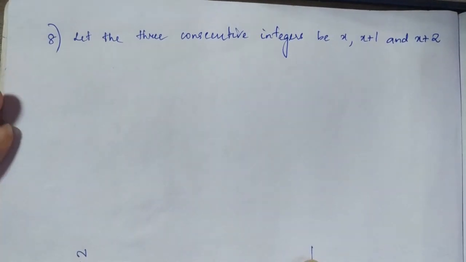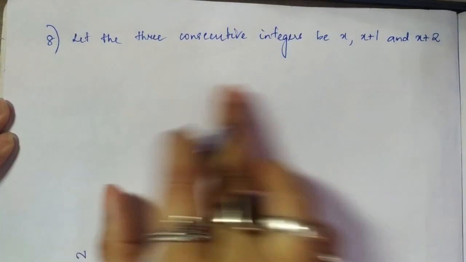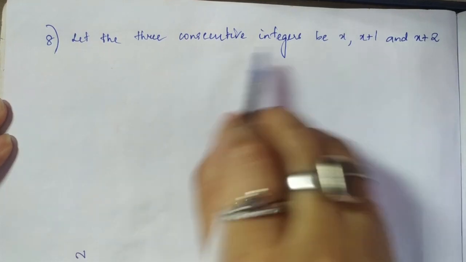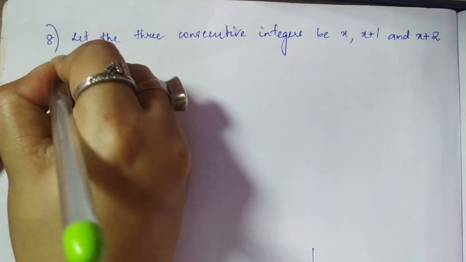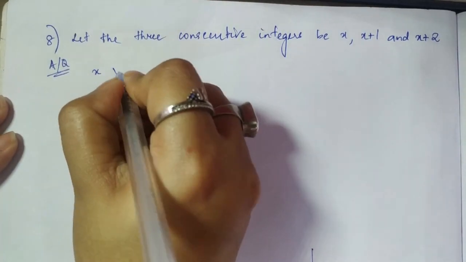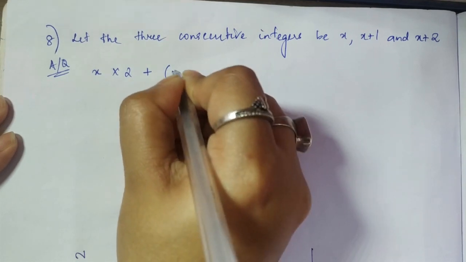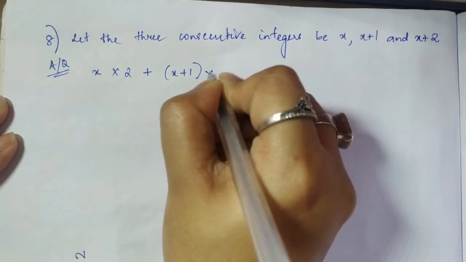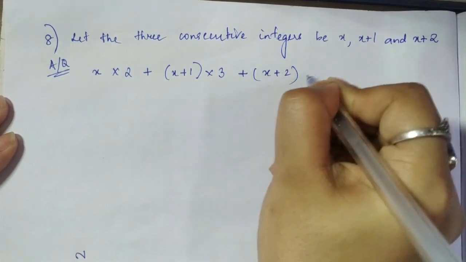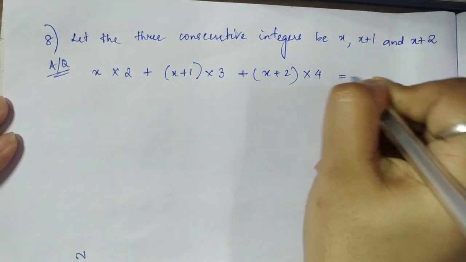According to the question, when we multiply the first one by 2, second one by 3 and the third one by 4 and add it up, they give me 74. So my equation will look something like this. First one is x into 2, plus second one is x plus 1 into 3, plus the third one is x plus 2 into 4. When I add them up, they give me 74.